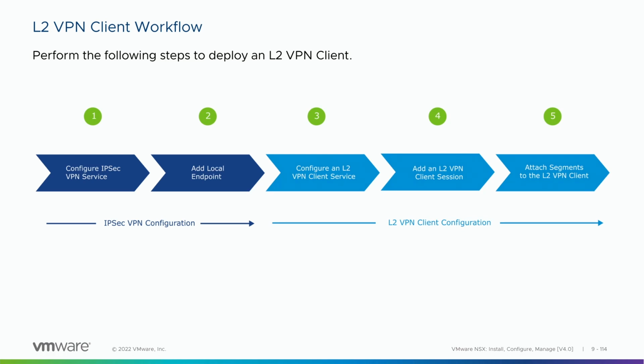Now, the layer 2 VPN client, that's not a whole lot different. I'm still going to need the IPsec configuration, and then I'm going to need the layer 2 VPN client configuration. If I'm doing this all in an NSX managed endpoint, in other words, if I'm creating a layer 2 VPN from a tier 1 gateway in one location to a tier 1 gateway in another location, the workflow is almost the same.